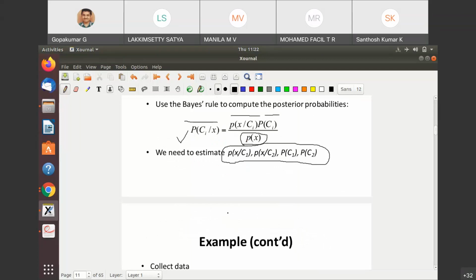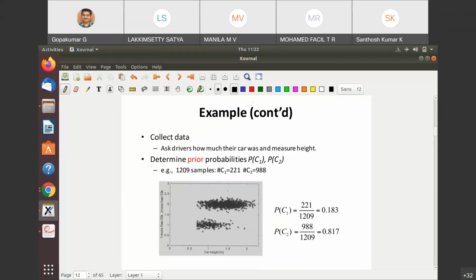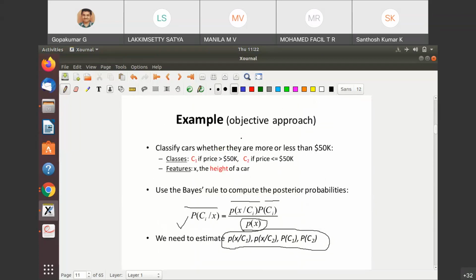That depends on what data is given, from where we have to evaluate these probabilities. Maybe we have to evaluate the prior probabilities from the given data set. Suppose for example there is a set of cars, and we would like to classify them into those with a price greater than 50k dollars, or a price less than 50k dollars, based on the height of the car.